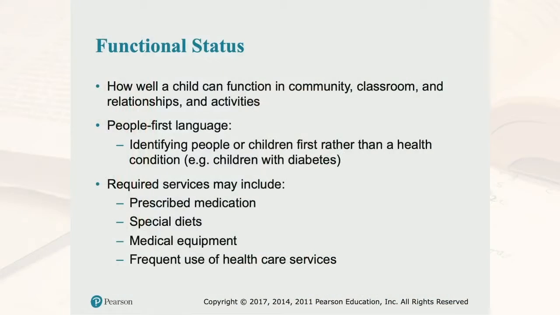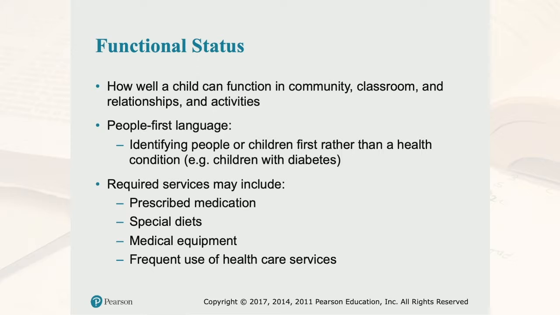When we look at children who have special needs, under that inclusion umbrella, we're always going to look at them as a child first. They are a 4-year-old child that has Down syndrome, or they are a 3-year-old child that has cystic fibrosis. So always a child first.